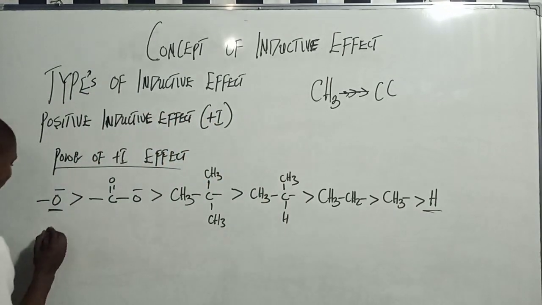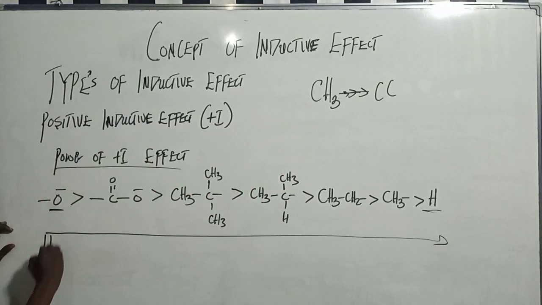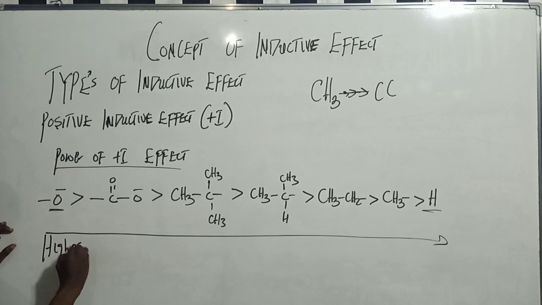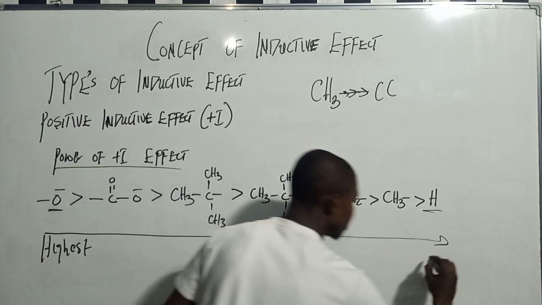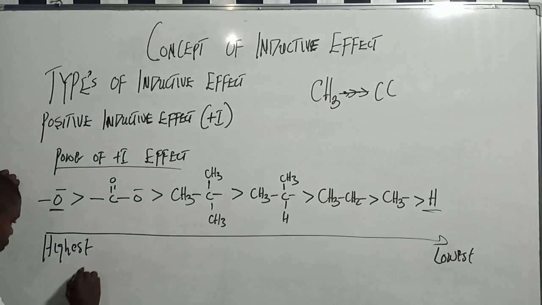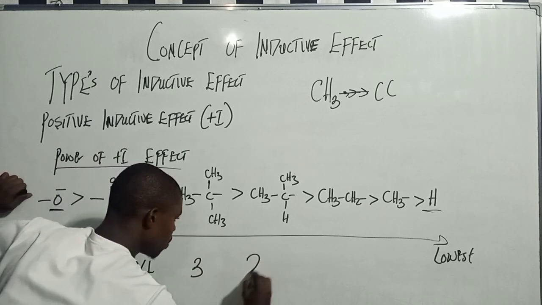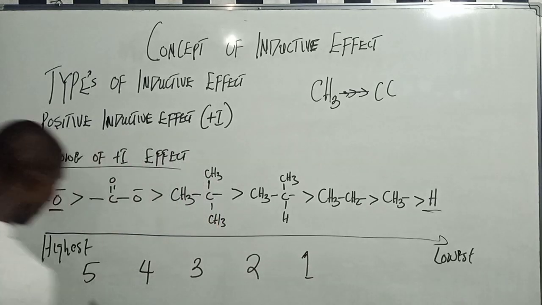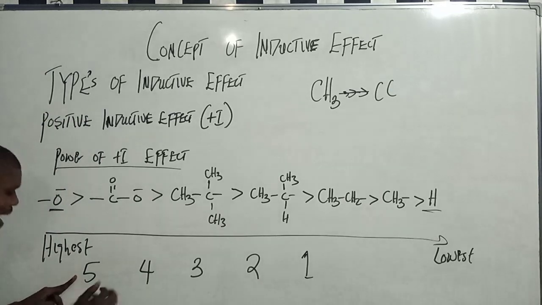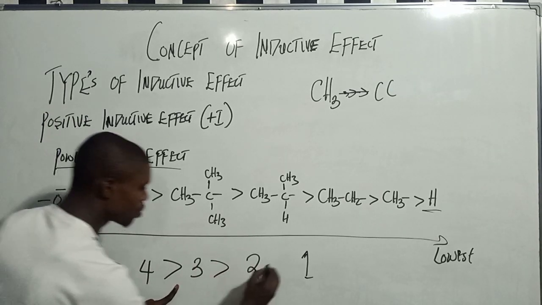So if you move from highest to the lowest, just like when you have 5, 4, 3, 2, 1, highest to the lowest: 5 is greater than 4, 4 is greater than 3, 3 is greater than 2, 2 is greater than 1.